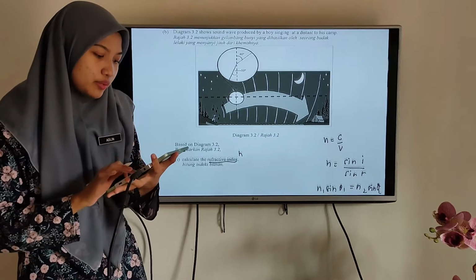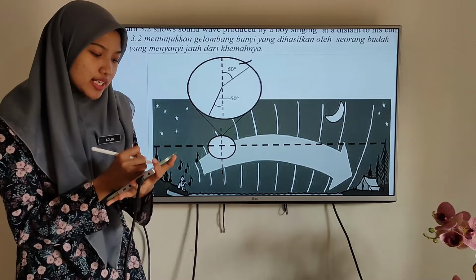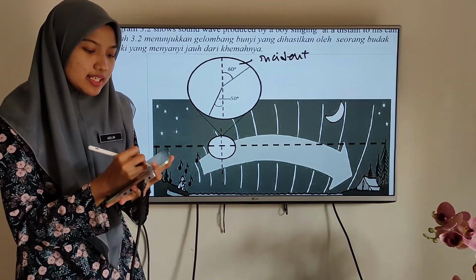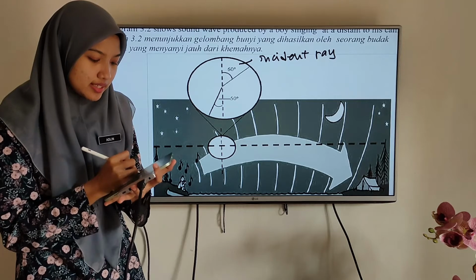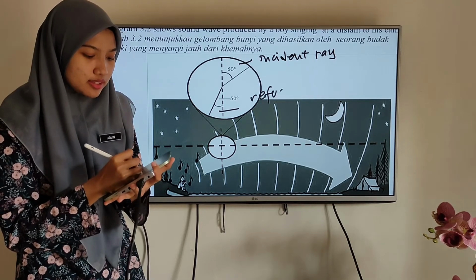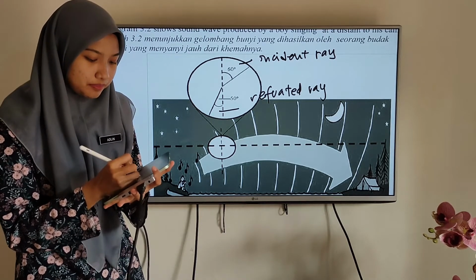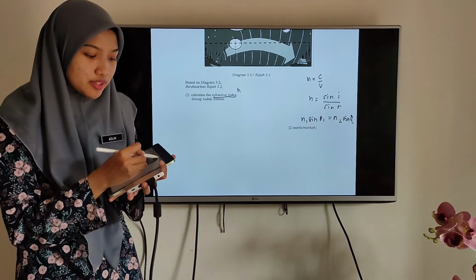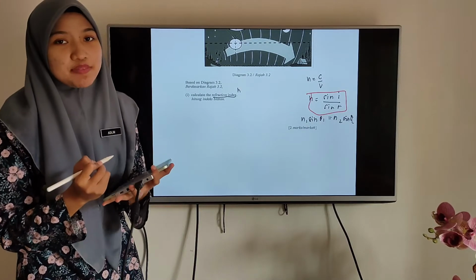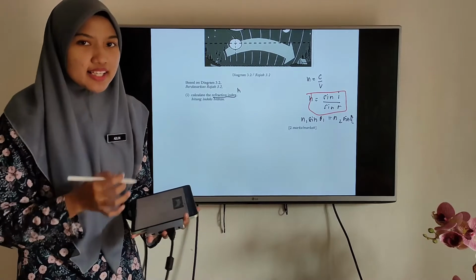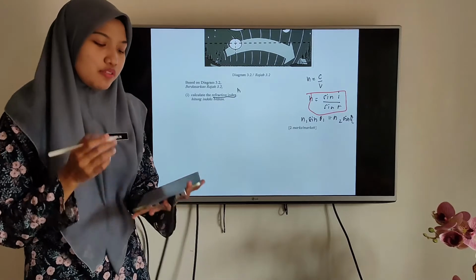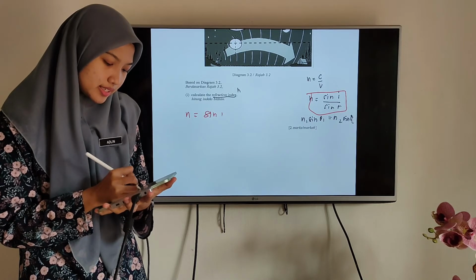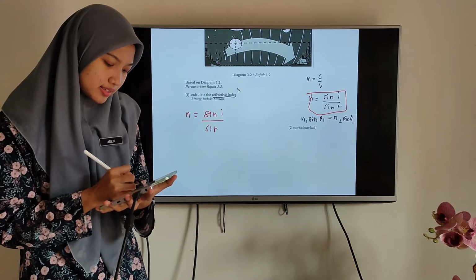So here we know that we have the incident ray and refracted ray. So here we have to use the second formula because it has the angle of incident ray and angle of refracted ray. So n equal to sine i over sine r.